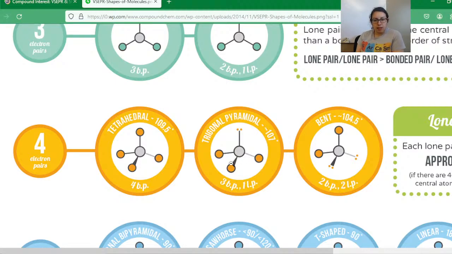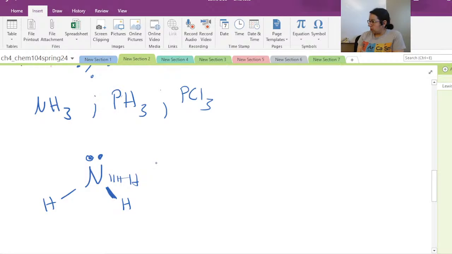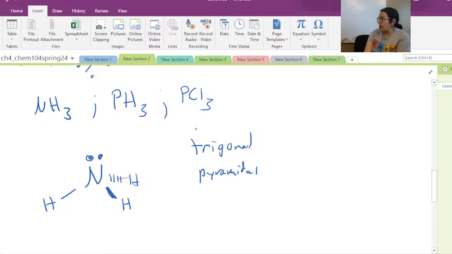Maybe I should have brought the molecule kit, but it's just kind of like that. So we're just looking at our ammonia shape, and so let's write it down. So trigonal pyramidal. And so write PCl3 and phosphine, so those would have the same geometry.